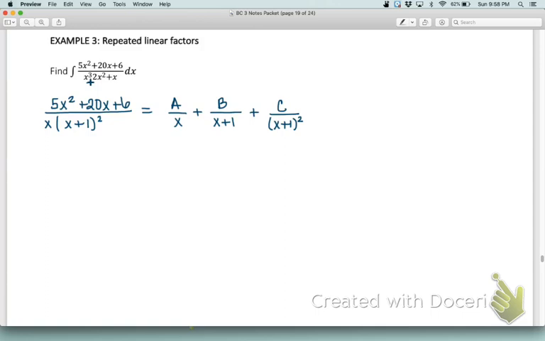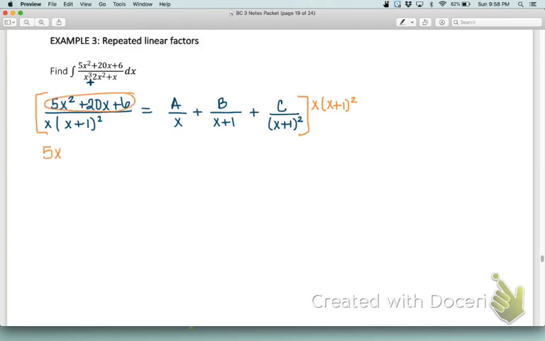Okay, now we multiply through. Again, we're going to multiply everything by that denominator in its factored form. So x times x plus 1 squared, that's what we multiply by. That should leave us with only the numerator on this side. That's our goal.